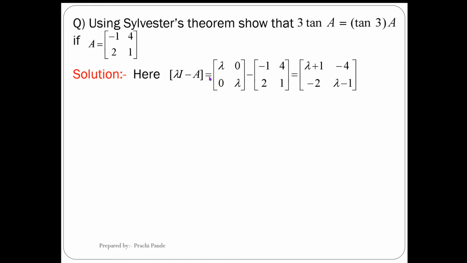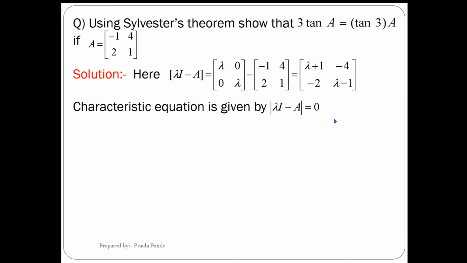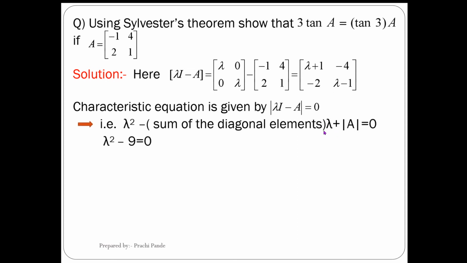So matrix lambda I minus A becomes [lambda plus 1, minus 4; minus 2, lambda minus 1]. The characteristic equation is given by determinant of lambda I minus A equal to 0, and by shortcut method we get the characteristic equation as lambda square minus 9 equal to 0.